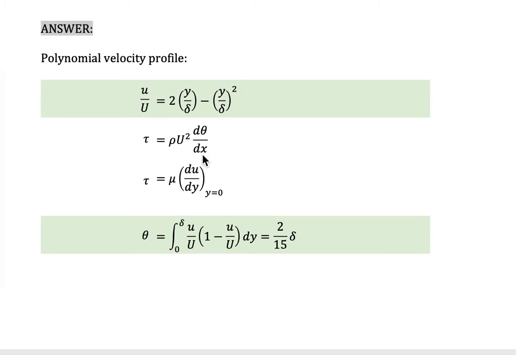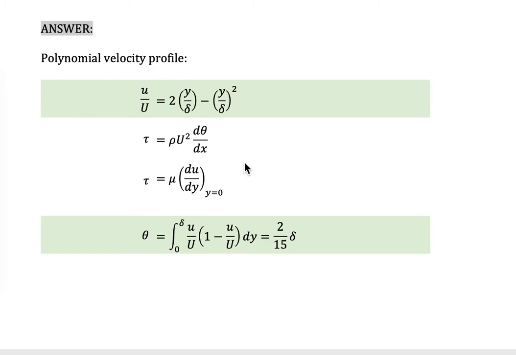Then please remember the von Karman equation, tau equals rho U squared d theta over dx, and another shear stress equation that comes from Newton's law of viscosity: tau equals mu du dy at y equals 0. You need to remember this condition.